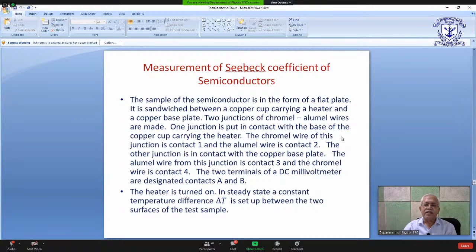For the other junction, which is connected to the cooler side, the copper plate on the lower side, which is in touch with the other surface of the semiconductor sample, the alumel wire will be called contact 3, and the chromel wire will be called contact 4.